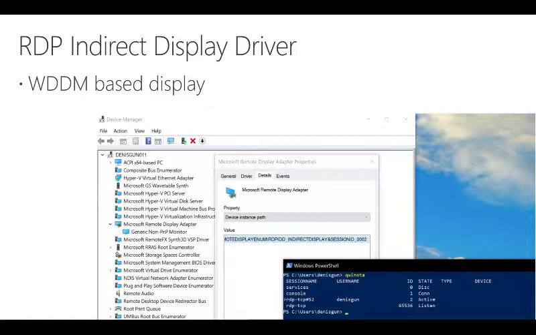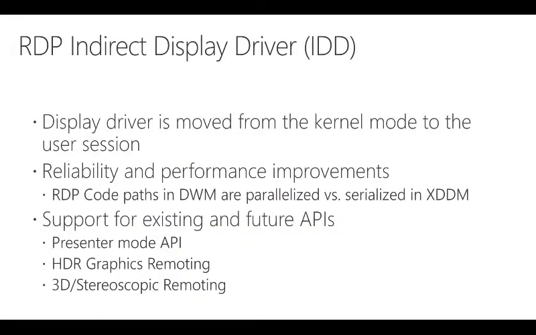In the recent release of Windows, 1903, we switched our graphics support to use a WDDM-based display driver. We did it for many reasons, and some of them are internal. We want to retire the legacy XDDM driver that was around since Windows 2000.